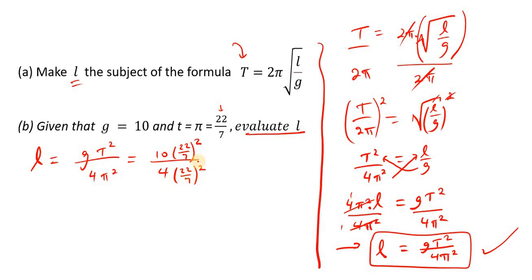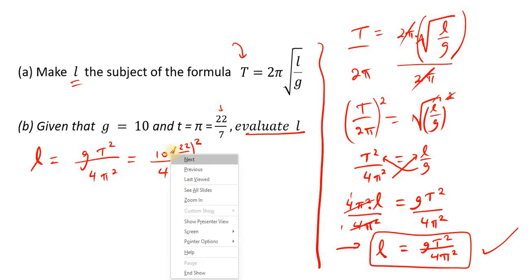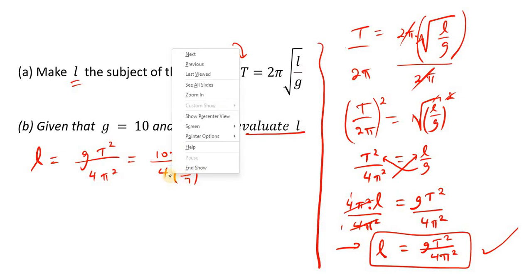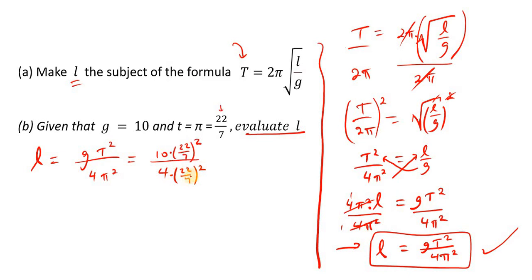So let's do that. Since we have 22 over 7 squared, notice that we're multiplying that quantity, 10, by 22 over 7 squared. We're also multiplying 4 in the denominator by 22 over 7 squared. Since we're multiplying, what we have on top is two factors, and on the bottom we have two factors as well. The common factor, 22 over 7 squared, can be cancelled out with itself once.